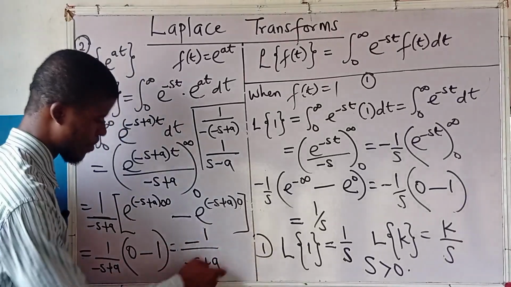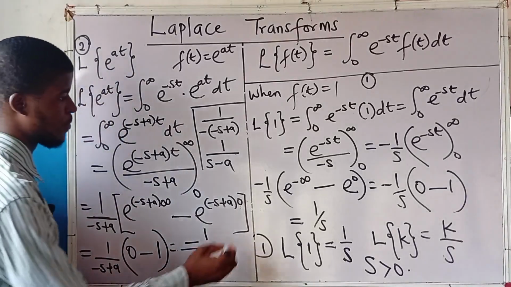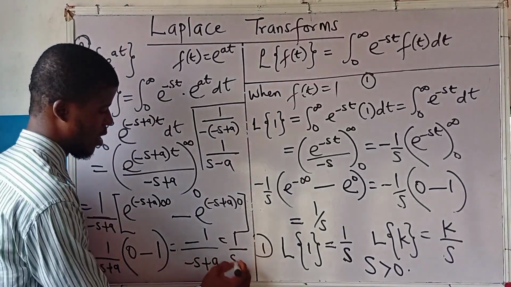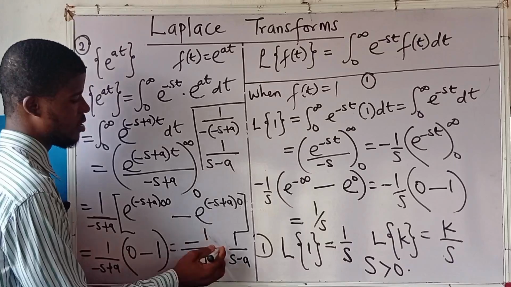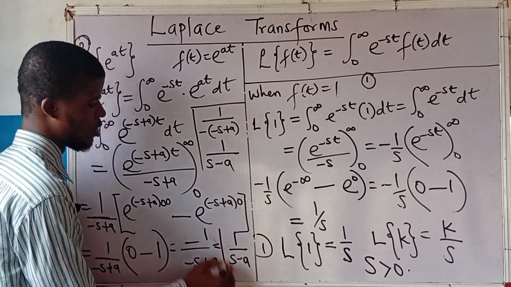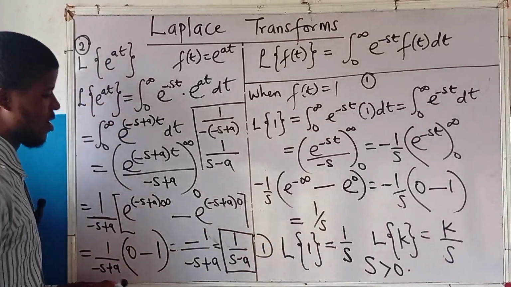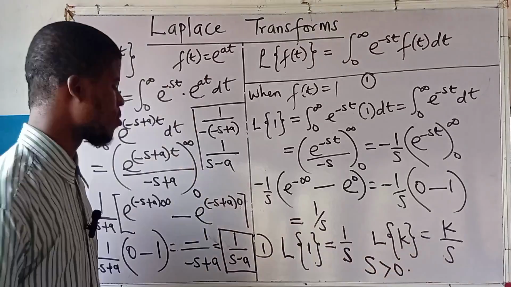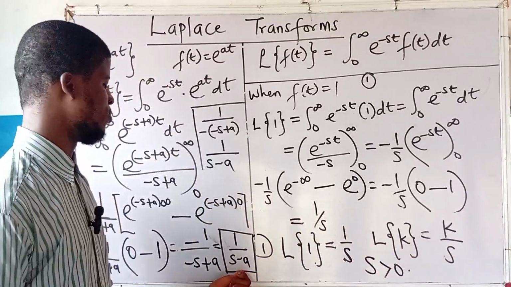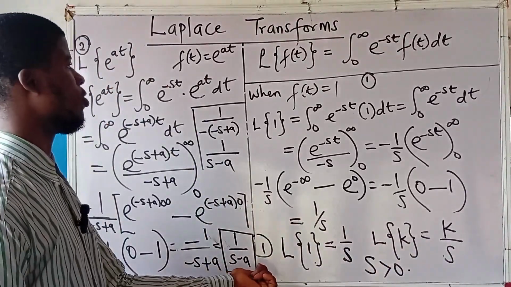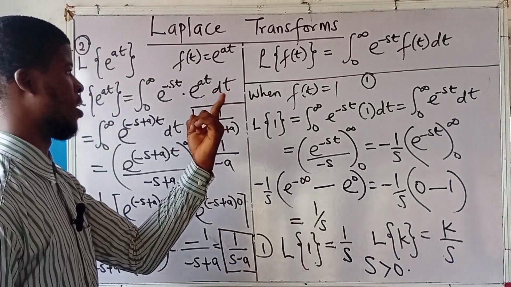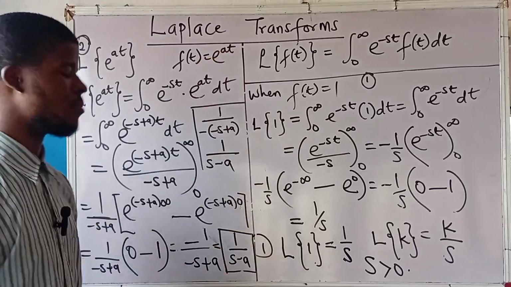So everything here reduces to 1 over s minus a, and this is equal to the Laplace transform of e to the power of at. We have gotten two of them before, and this is another one we've gotten, the Laplace transform of e to the power of at.